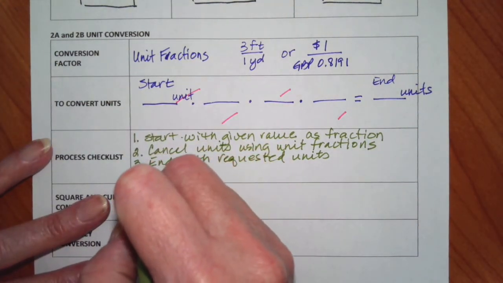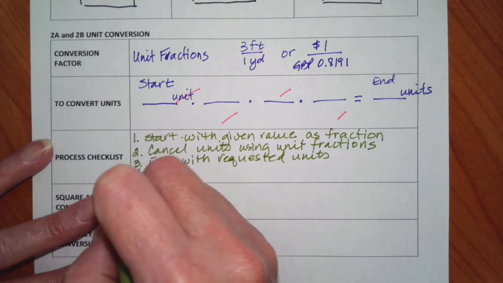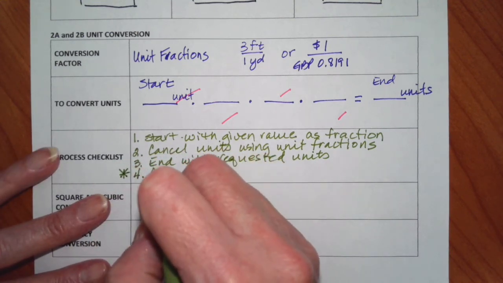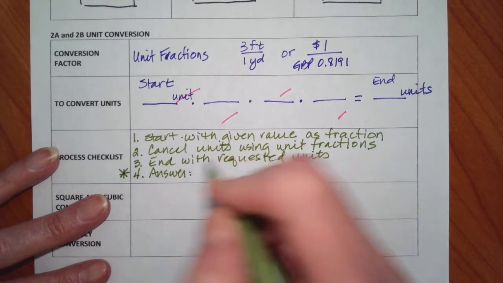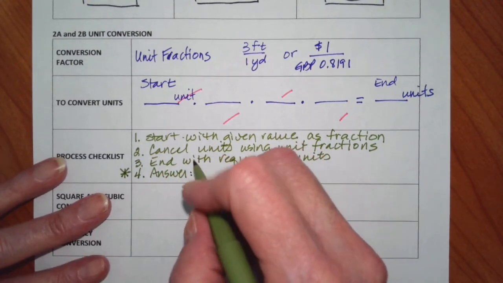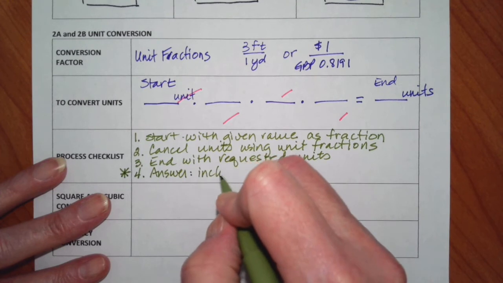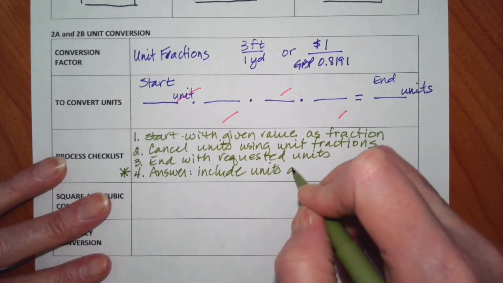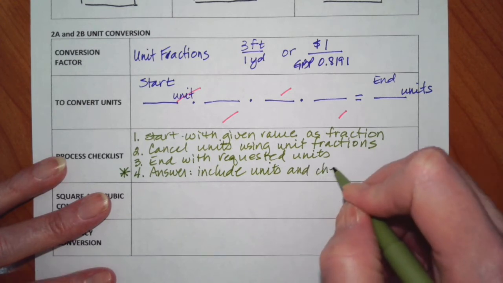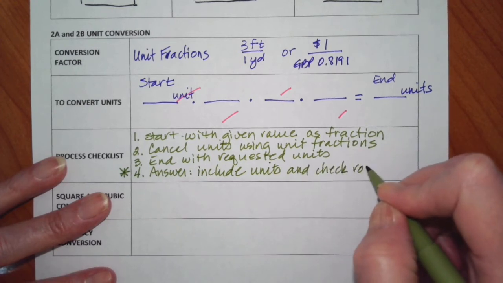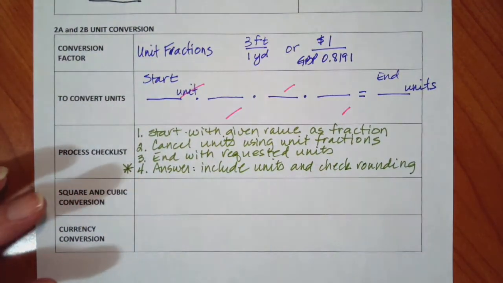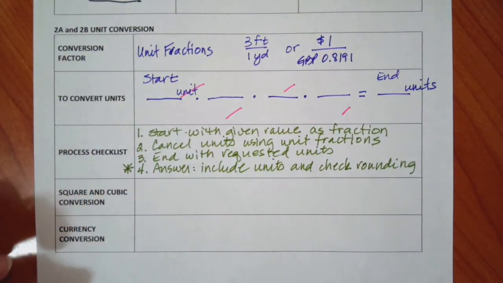You want to, with your answer, and this is going to be really important, for your answer, you're going to include units and check your rounding if it's necessary. If it says round to the nearest tenth, don't give me 3 decimal places.